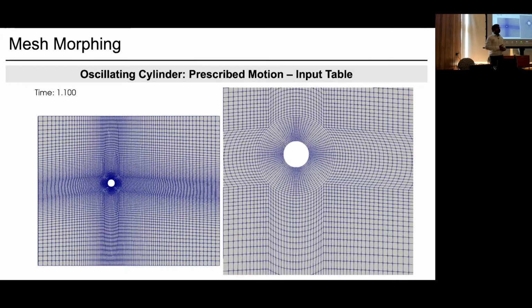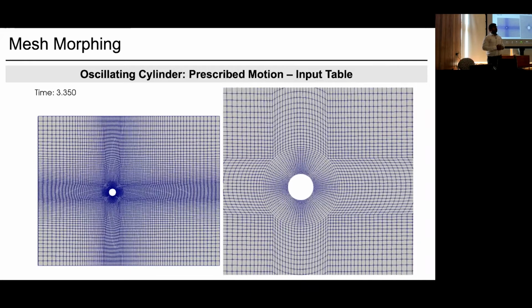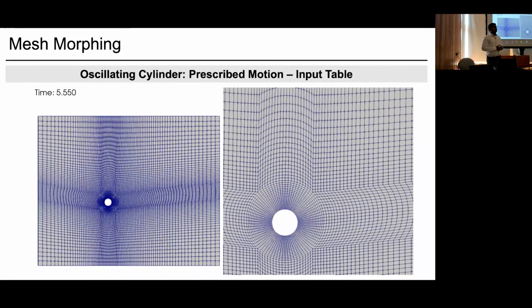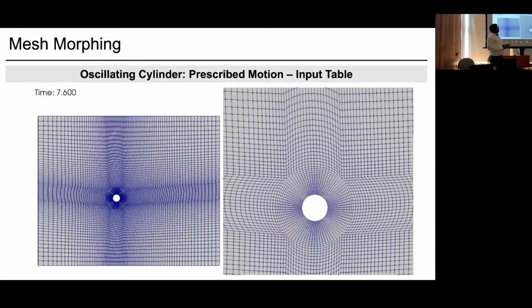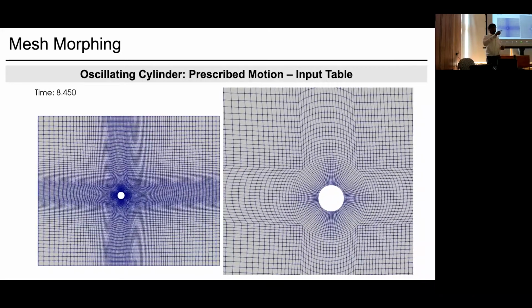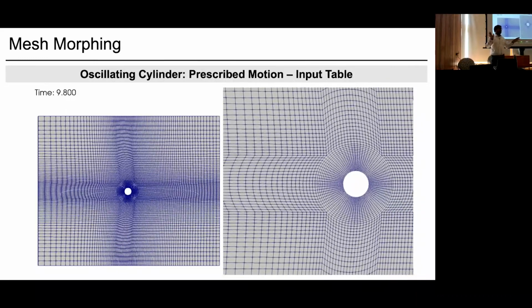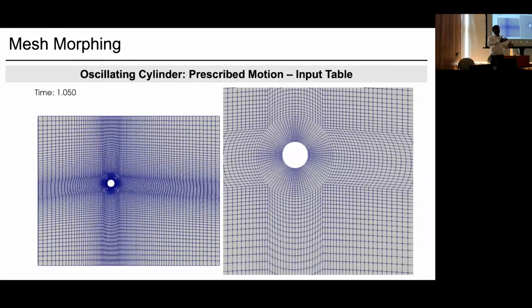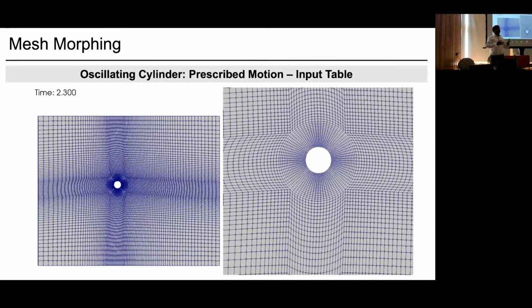What would happen if the inner geometry is also rotating continuously instead of just the mesh? So the boundary is deforming, you are saying. Yeah, so that's a fluid structure interaction problem. So you cannot simulate it through this. For that you can use, let's say, solids4Foam, or previously FSI foam, that kind of solver.